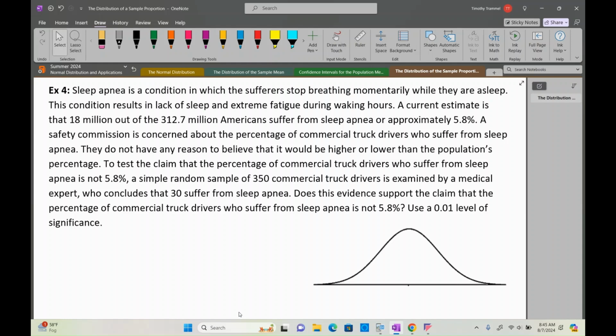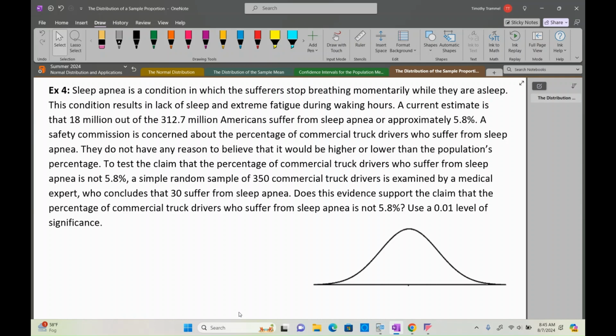And what we're being told here is that a current estimate is that 18 million out of the 312.7 million Americans suffer from sleep apnea. And they have nicely given us what percentage of the population that is.